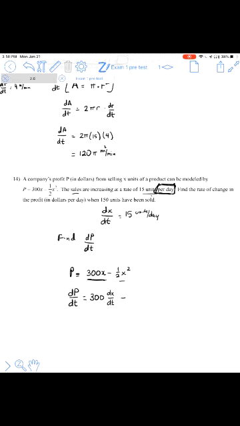The derivative of 1/2 x squared is the 1/2 times the 2 becomes 1, and 1 times x is x. And then you decrease the exponent to x to the first power. But again, this is implicit differentiation. This was just the derivative of the outside function. Now we need to multiply by the derivative of the inside function, x, and the derivative of x with respect to time is dx/dt.